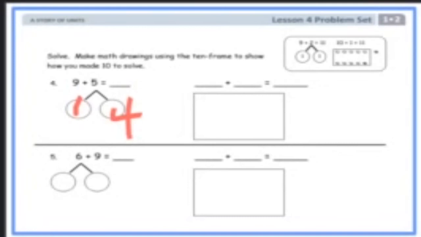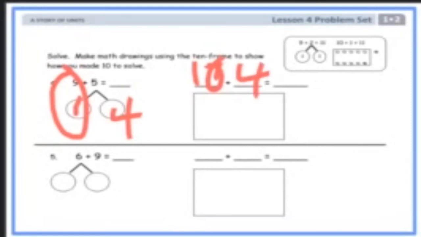Alright, and I've shared my 5 into 1 and 4. Don't forget that. So 9 and 1, we make 10 plus how many? 4. Very good. That's left outside. That gives us what? 14. So the answer becomes 14.